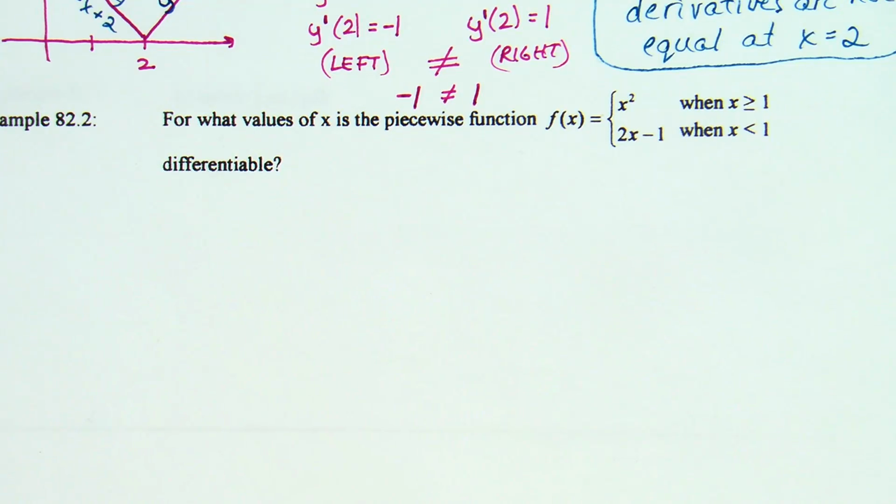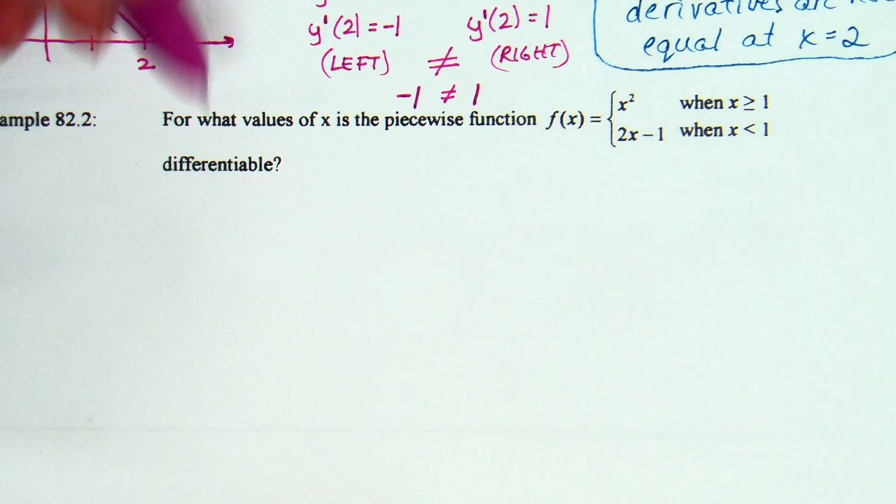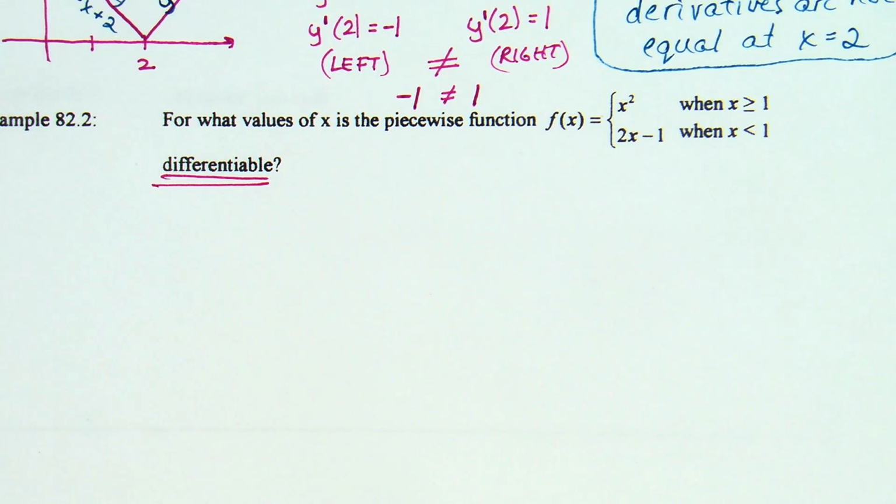So what's the main question? Is it continuous? And? Yeah, we have to consider left and right, but it's not even so much about the limits as it is also about the derivatives.